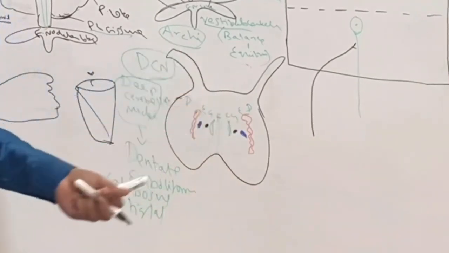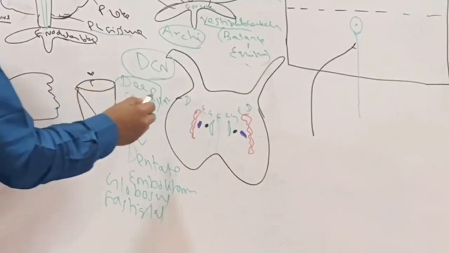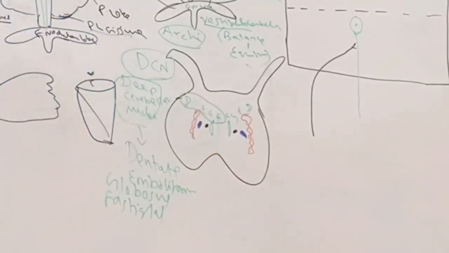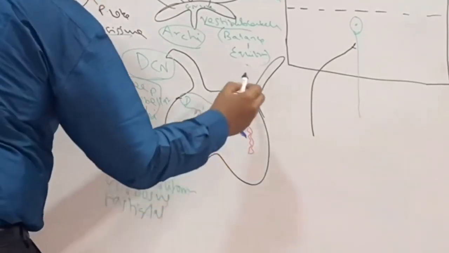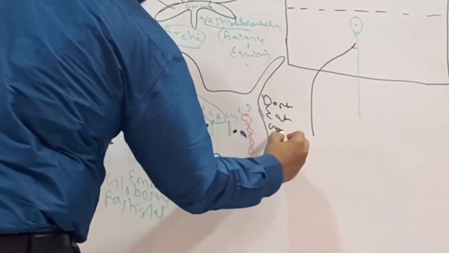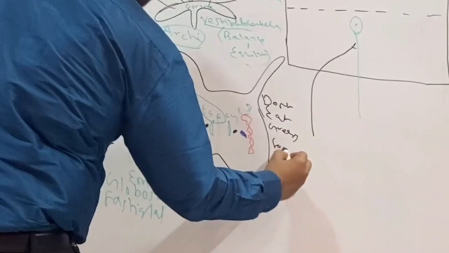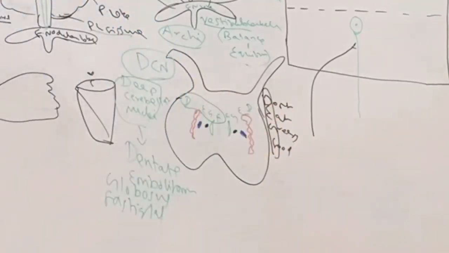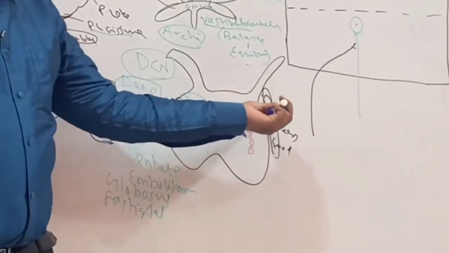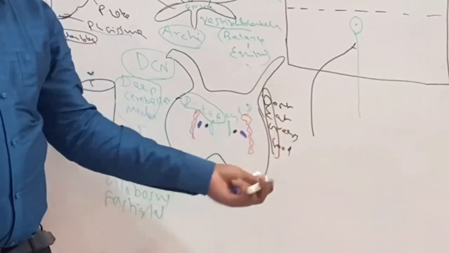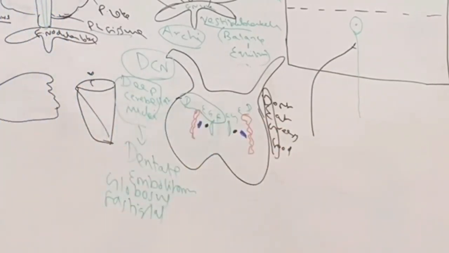To remember easily, the order is DEGF, and the mnemonic is: Don't eat greasy foods. D for dentate, E for emboliformus, G for globosus, F for fastigial. This is from lateral to medial.